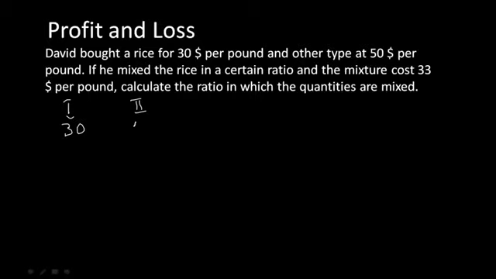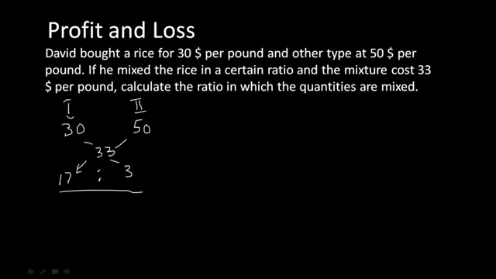Type 2 costs $50 per pound. He mixed them and overall it costs $33 per pound. This minus this will be this and this minus this will be this. So it's nothing but he has mixed them in 17:3. You know what? Even as I'm reading the question, you might have got the answer by now. It's so easy.